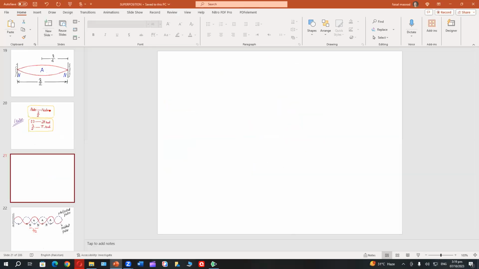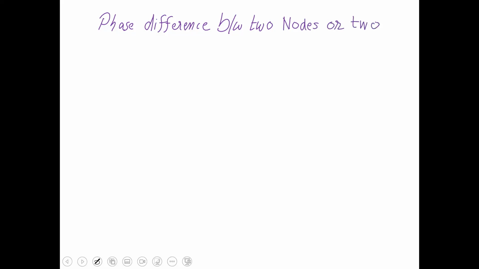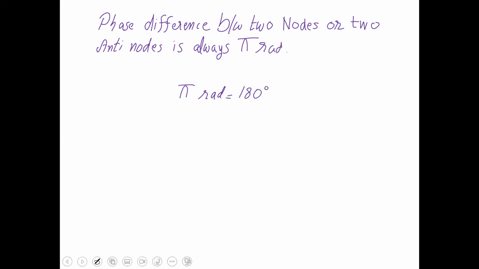So what concept did I tell you? The phase difference between two nodes is always pi radian, and you should remember that pi radian is equal to 180 degrees.